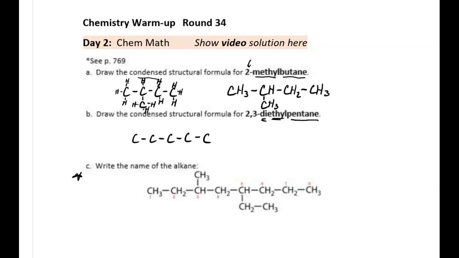Each of the branches is an ethyl, and the branches are attached at carbon 2 and carbon 3 off the parent. So off of carbon 2, let's draw an ethyl branch. An ethyl branch is made of 2 carbons. It's carbon and then a carbon. Off the third carbon in the parent, there's another ethyl branch. Now you can draw it underneath or you can draw above.